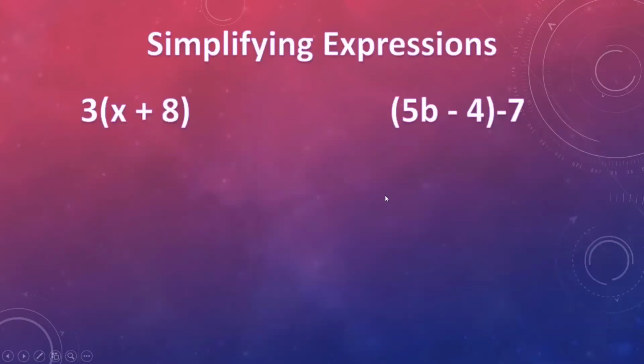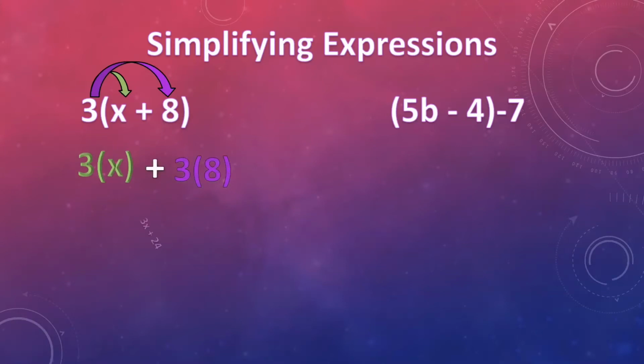So if I had to multiply these, I'd first distribute 3 times x and 3 times 8. So I would get 3 times x plus 3 times 8, which is simply 3x plus 24. Now I'd have to do -7.